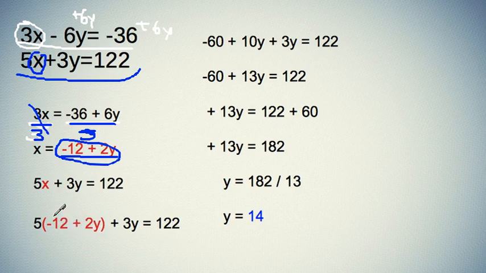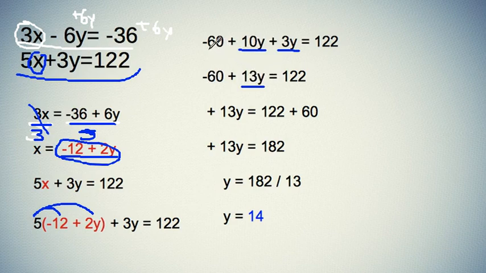Now what's going to be next? Well, I've got to multiply this term and also this term by the 5. Then we're going to get 5 times negative 12, which gives us negative 60, and then 5 times 2y gives us 10y. Now this 10y and this 3y, you put them together and you get 13y. That's going to be the next step.